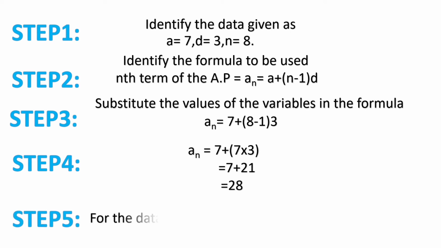So here, you write the formula an is equal to a plus n minus 1 into d, and substitute the values a as 7, n as 8 and d as 3. Then when you calculate the value of an, you get it as 28. Here, for the given data, you have the value of an as 28.